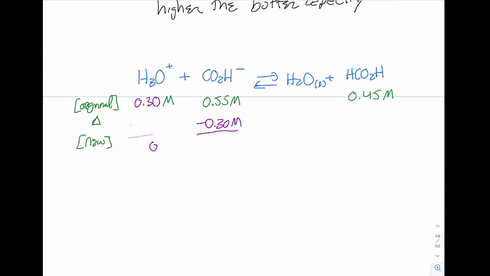I'm going to erase those again. I'm going to increase the concentration again. This time I'm going to increase it to 0.60 molar. Now again, I have to take the smaller of the two, right? This time my smaller number is this. So I'm going to subtract that one from both reactants, add it to the other side. This time this goes to 0, and I still have 0.05 molar strong acid left.